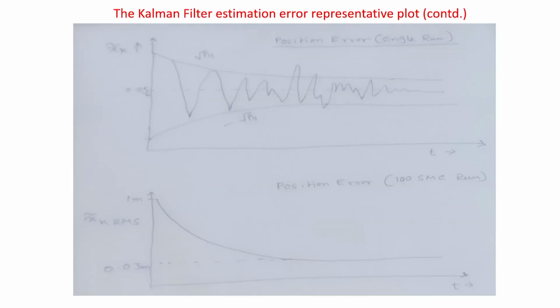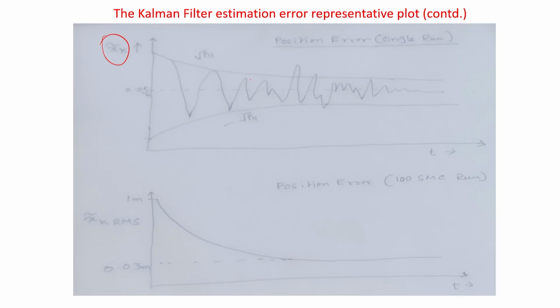Now I need to show a representative plot. I have not written out the Kalman filter code, but you can easily do it yourself with a simple 2D example. If you plot the error, it will come out like this. Here is your instantaneous error.